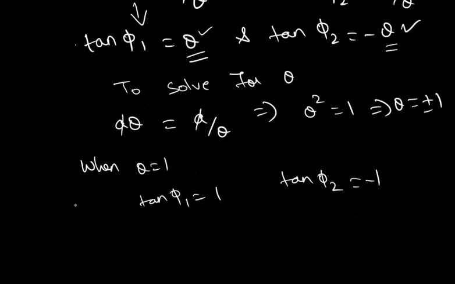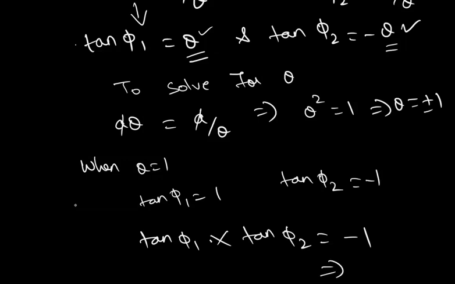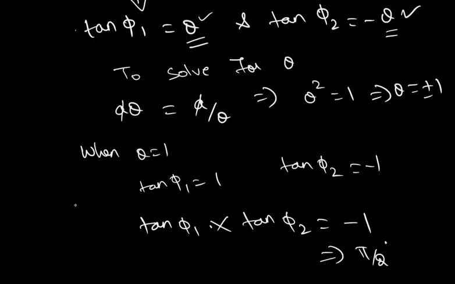So when two slopes, tan phi 1 and tan phi 2, are multiplied, 1 into minus 1, which is minus 1, it implies the angle is 90 degrees. Hence the angle of intersection is 90 degrees. The same thing happens when theta is minus 1 also.